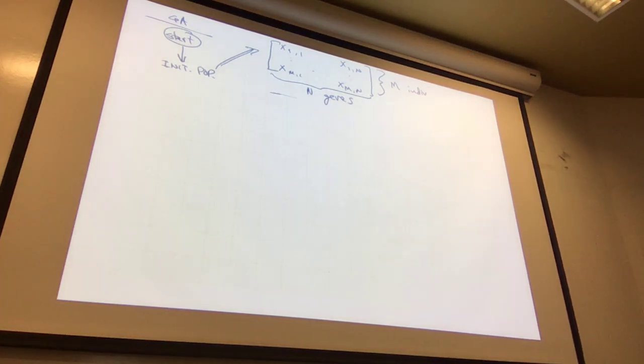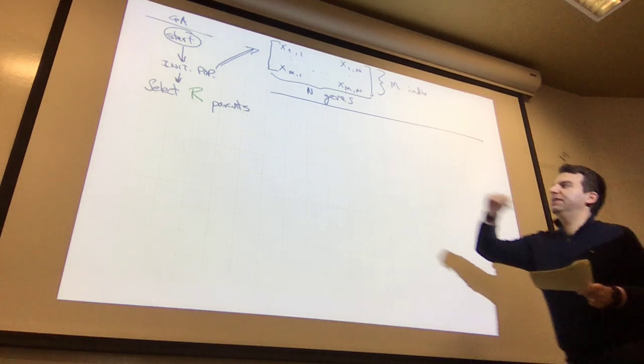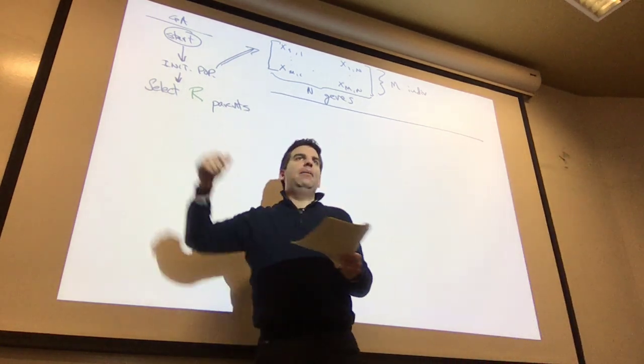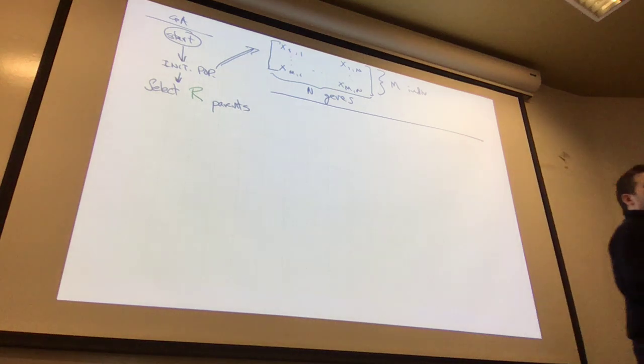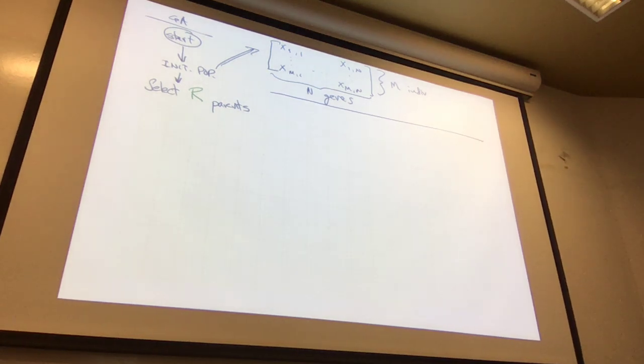And then after your initial population, you go through a selection of R, I'll call them parents. And we discussed there are a bunch of different selection criteria or types here. I gave you the three basic ones. There are additional ones, and each one of these can be specialized even further.